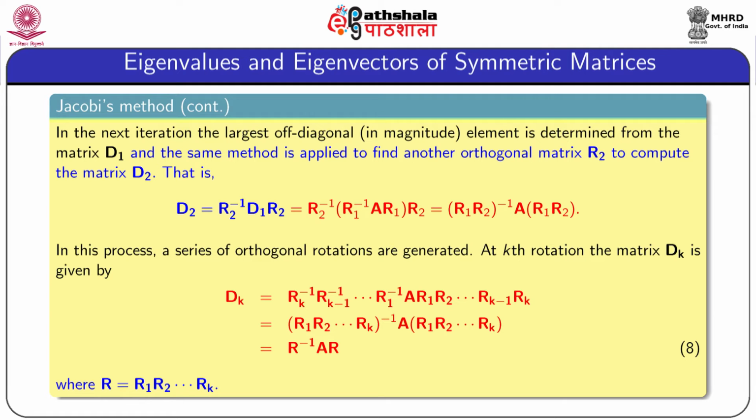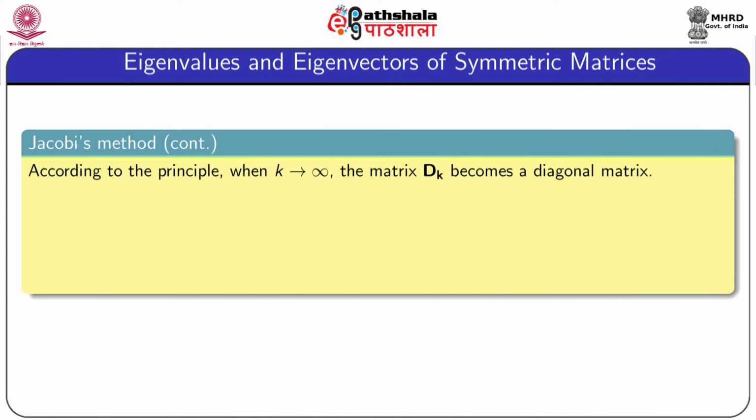Now, if Dk is a diagonal matrix, then the diagonal elements give the eigenvalues of the given matrix A, and the column vectors of the matrix R give the corresponding eigenvectors. According to the principle of Jacobi's method, when k is a large number or k tends to infinity, the matrix Dk becomes a diagonal matrix.